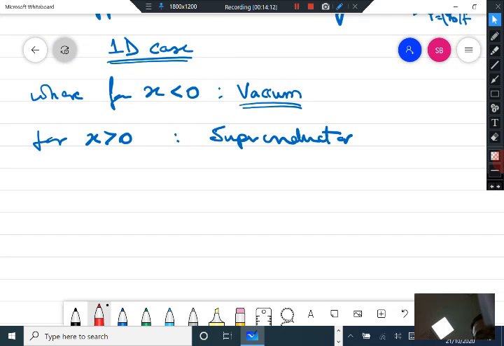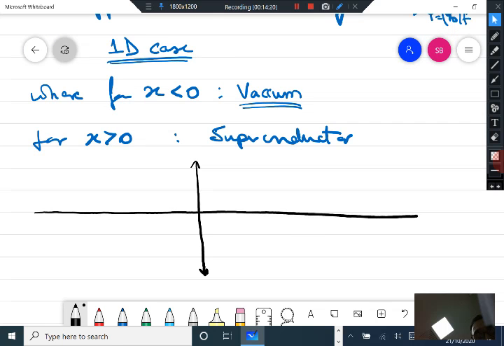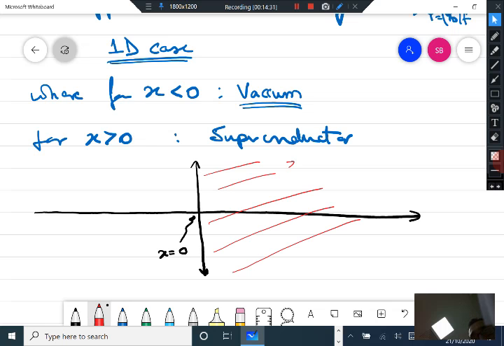namely, here everything on this side is the superconducting state.